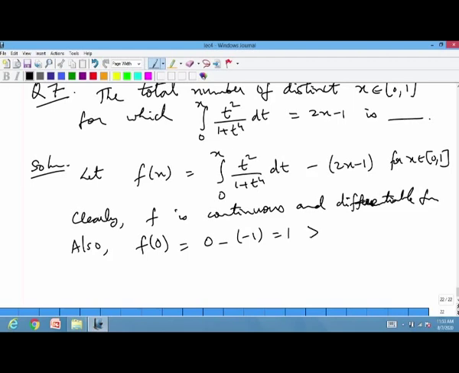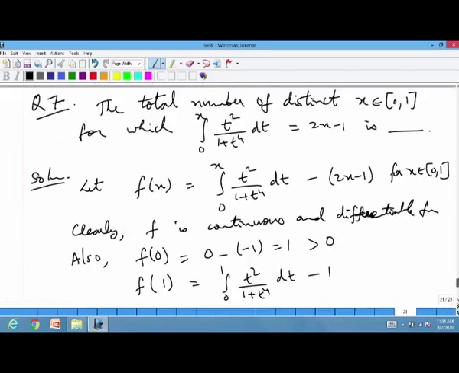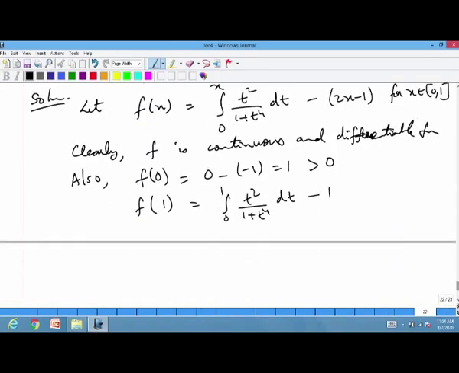So, f of 0 is positive, and if we put x equal to 1, then f of 1 is equal to the integral 0 to 1 of t square by 1 plus t to the 4 dt minus (2x minus 1) at x equal to 1, which is 1. So, we have this integral minus 1.